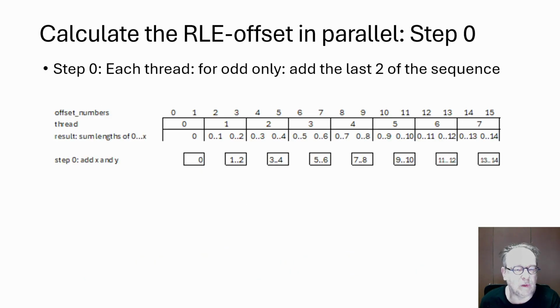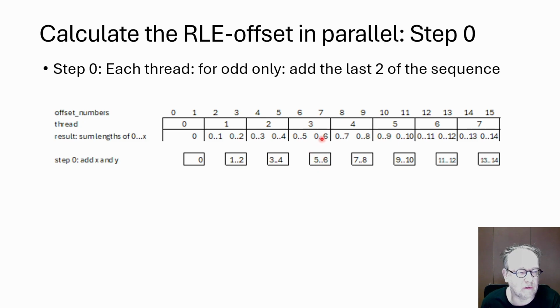So we will handle 2 of the values with one thread. Now, the algorithm itself consists of 3 parts. The first part we call step 0, and that's explained here. In that step 0, each thread starts with summing just 2 numbers required for the odd offsets. So we will calculate only the odd offsets in the beginning, and at the very end, we will also calculate the even offsets. But we start with the odd offsets. What we will actually do is add the last 2 values of that sequence.